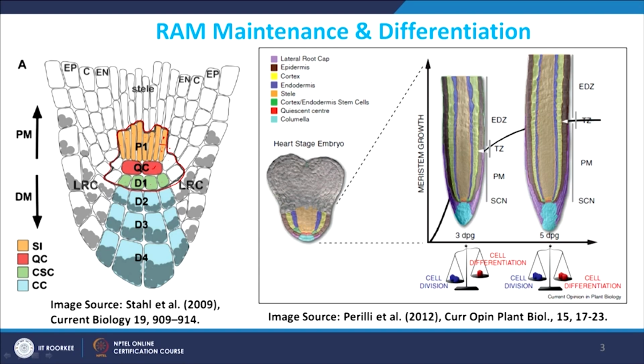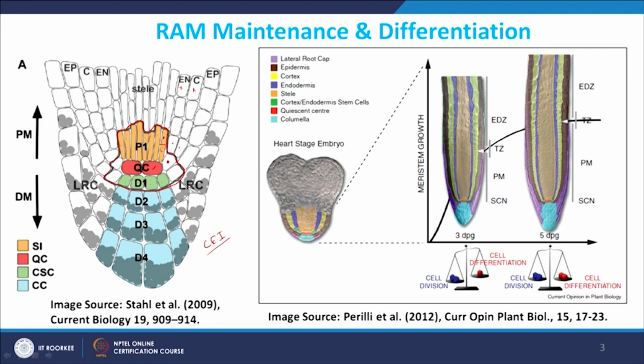For example, if you look here, there are a few things I want to remind you of. This is the initial called CEI, which is the initial for cortex and endodermis. You can see that both layers, cortex and endodermis, originate from a single cell.